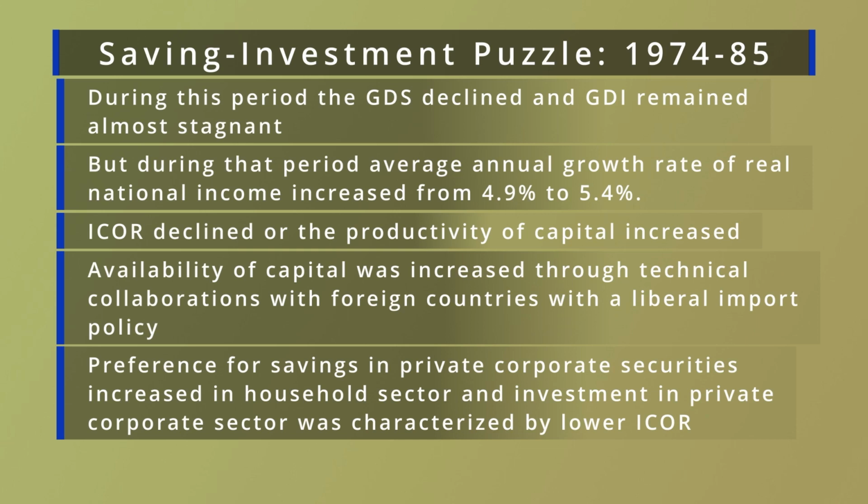When people invest more in private corporate securities, it is being shifted to the private sector, and the private corporate sector normally undertakes such projects where the productivity of capital is relatively higher. So these may be the reasons behind the saving investment puzzle in India in some time periods.